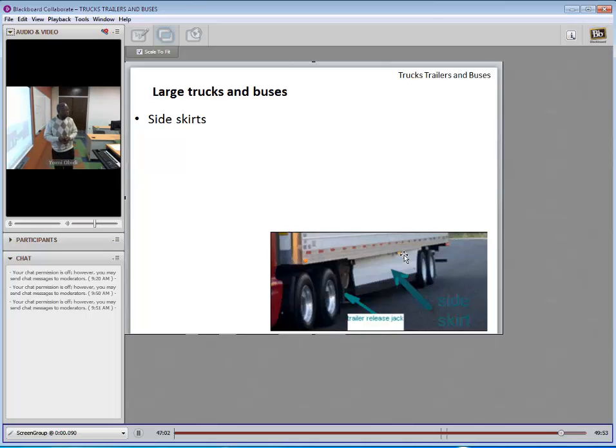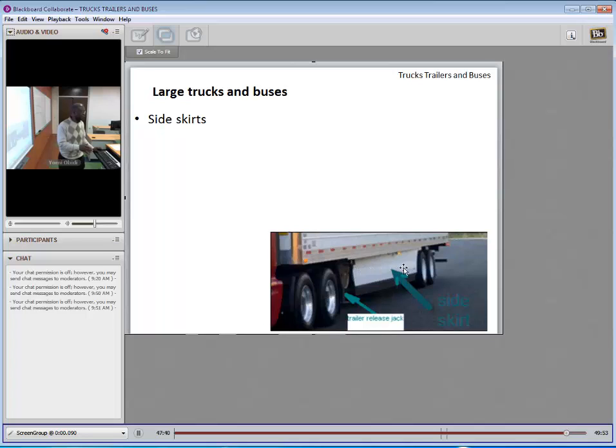Have side skirts been found to be useful? Yes, they have been found to reduce the drag coefficient by as much as 0.15, which is a substantial amount. What happens is the flow that would ordinarily go from under the trailer, create turbulence and shoot out from here, now has a wall to cling onto, and that wall becomes a retaining boundary.